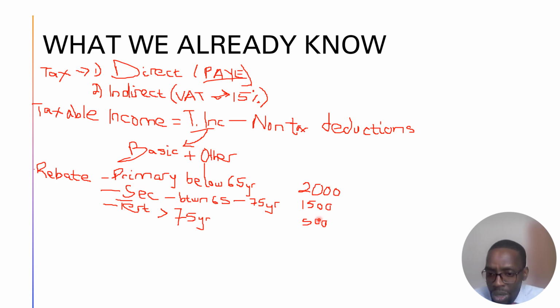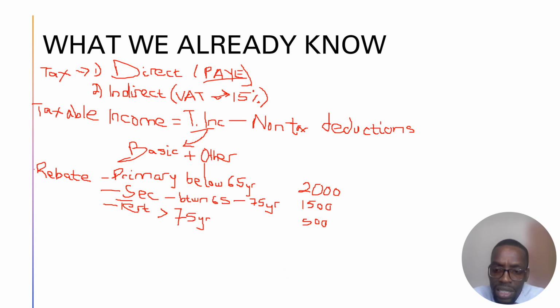So how do we calculate their rebate? We are going to say the primary, which is 2,000 rands, plus the secondary, which is 1,500.